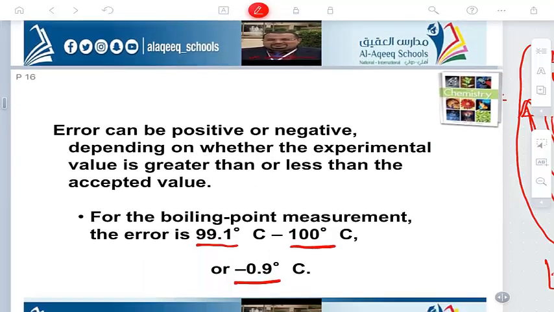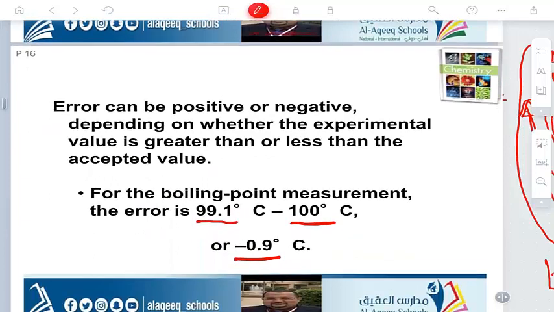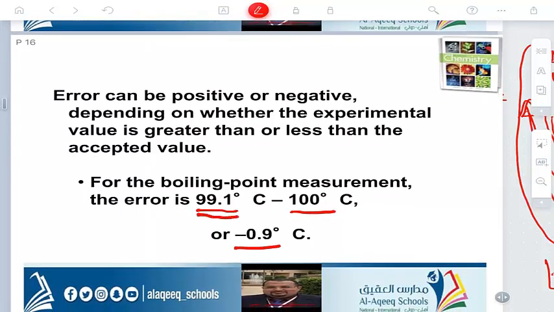The experimental one, which happened in the experiment, is 99.1. The accepted one, which is accepted and measured by scientists, is 100 degrees Celsius. Make the subtraction between them, you will find it's negative 0.9.